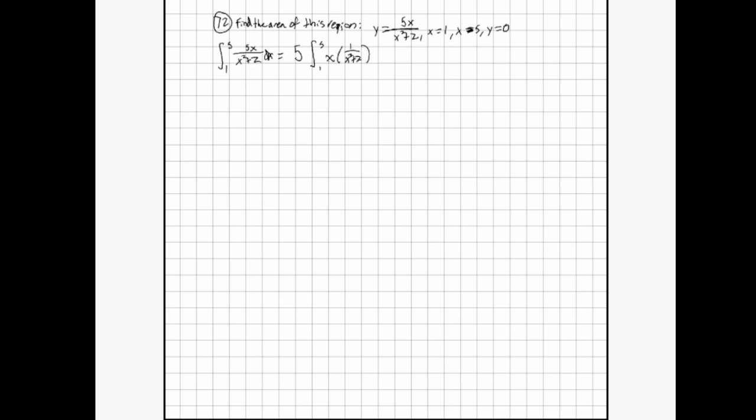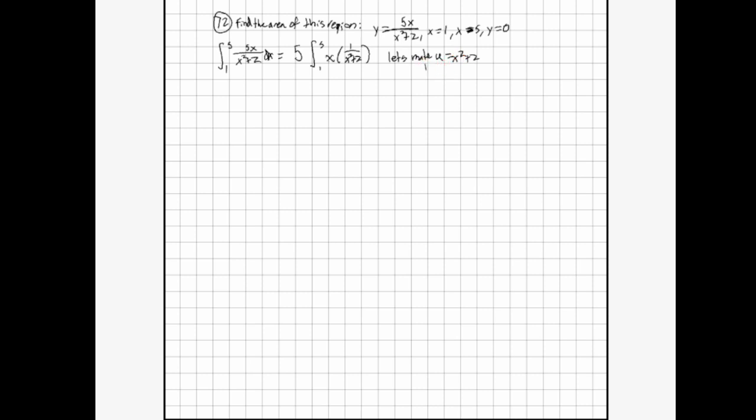Now looking at this, I can use the log formula to figure this inside part of the problem out. So let's make u equal to x squared plus 2. From this, I can deduce that 1/2 du equals x dx, because using the power rule, the derivative of x squared is 2x.